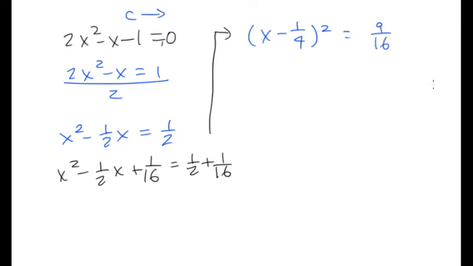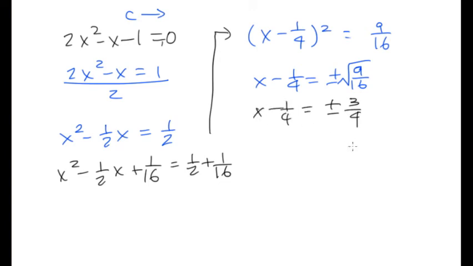9/16. So now we're going to take the square root of both sides. So x minus 1/4 is equal to plus or minus radical 9/16. And as you can see, 9 and 16 are both perfect squares, so we can simplify this to plus or minus 3/4. Alright, no more radicals in this problem.